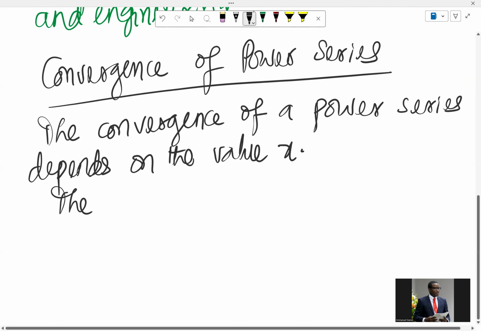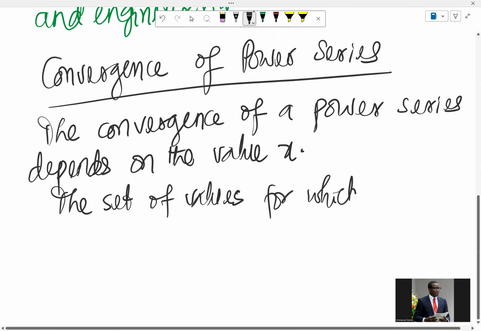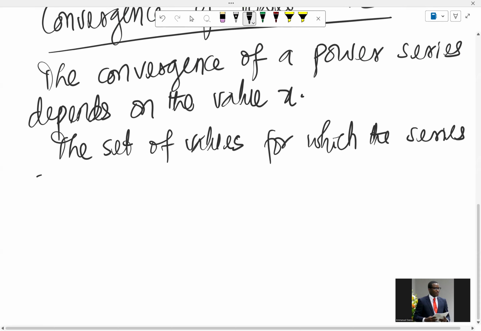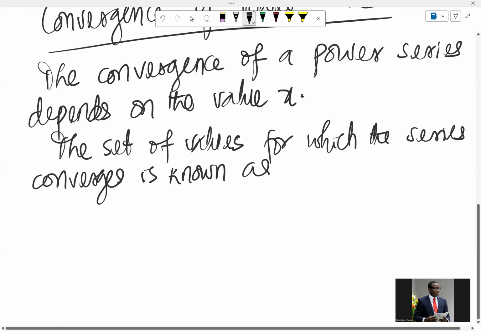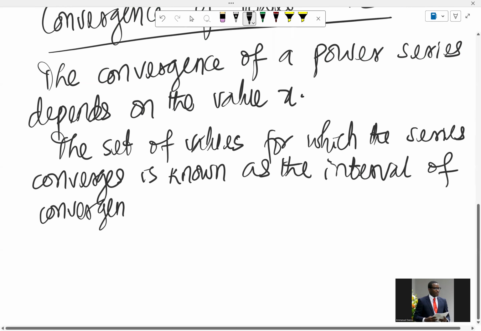So the set of values for which the series converges is known as the interval of convergence.